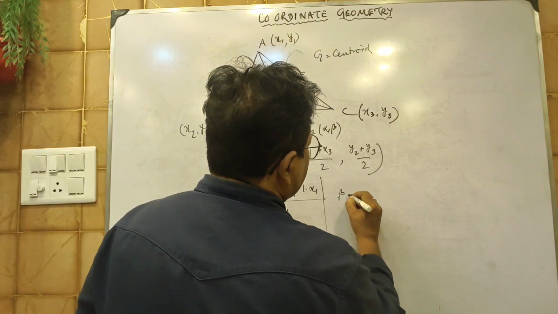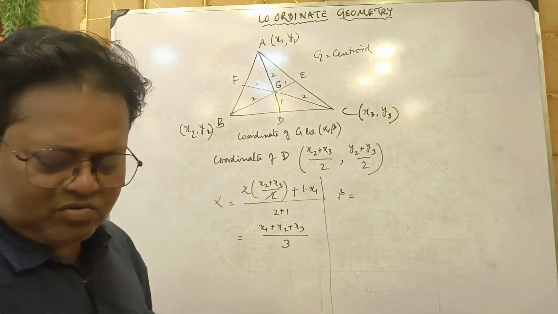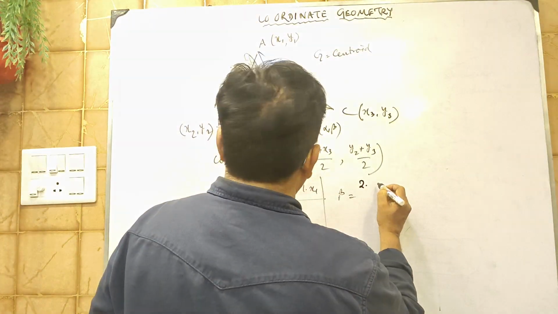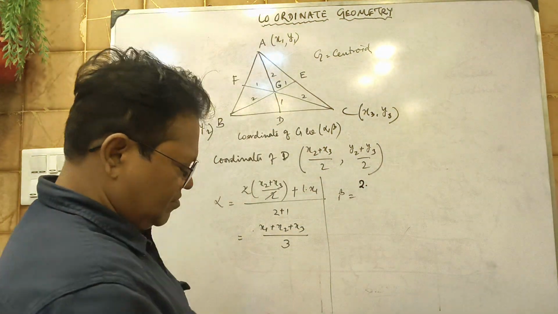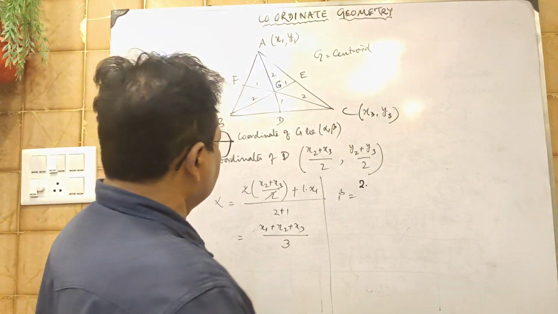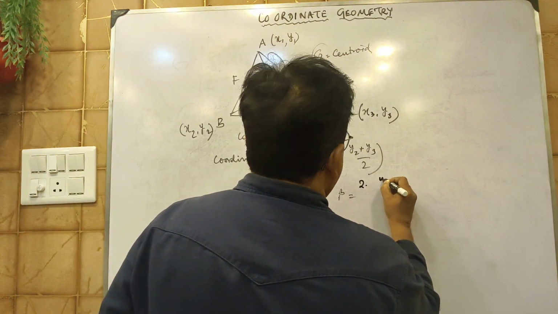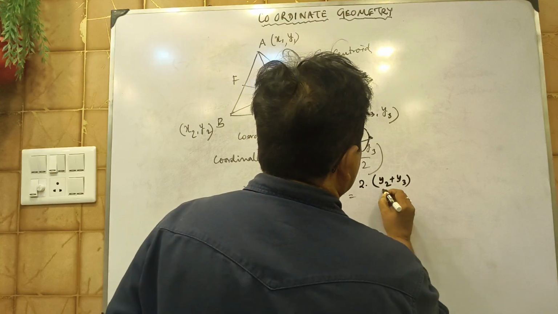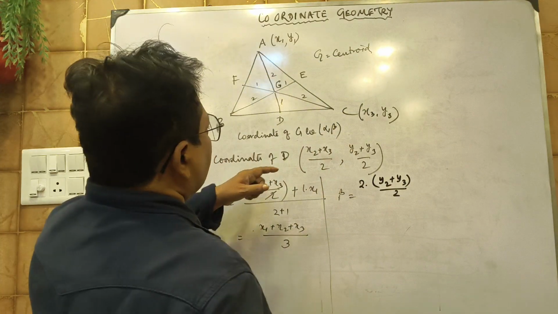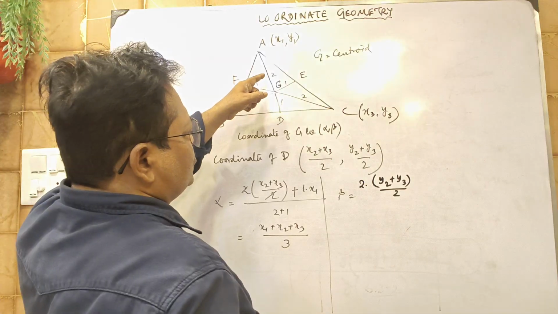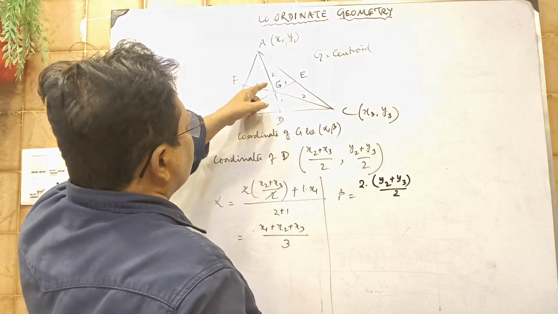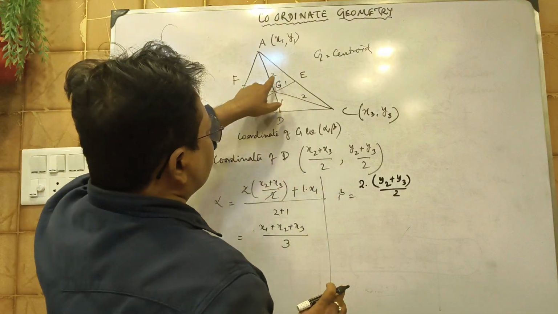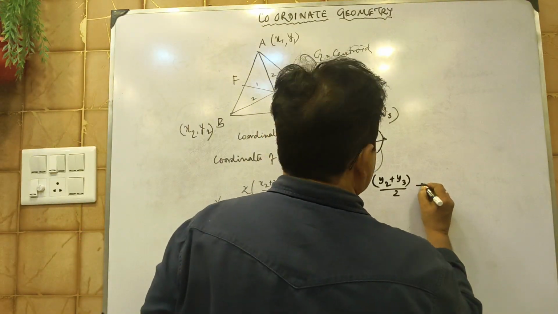Beta equals 2 into (y2 plus y3) divided by 2, plus 1 into y1, all divided by 2 plus 1.